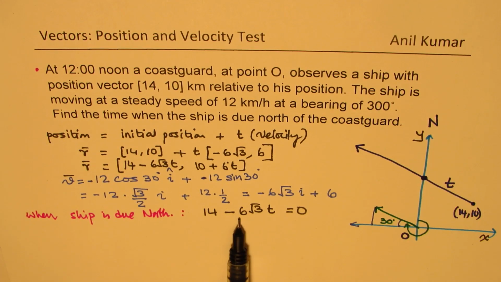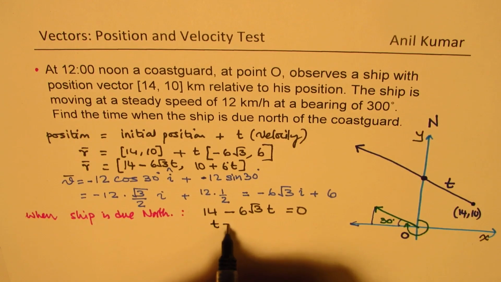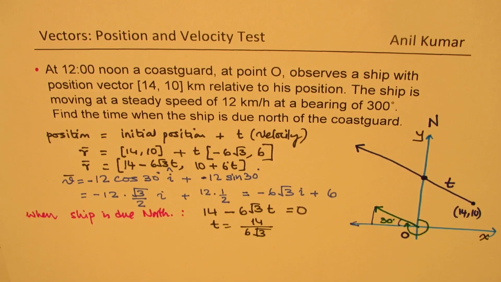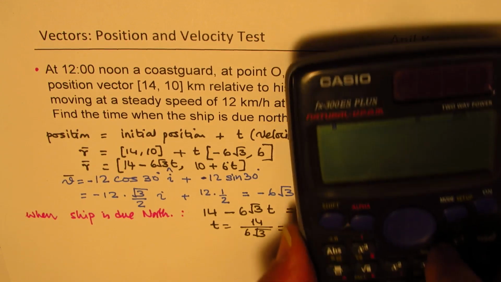So from here, we can find the time. We can get the time t as equal to 14 over 6 square root 3. Does that make sense to you? That is how we can get time, and the units will be hours. So now let's finally use the calculator.